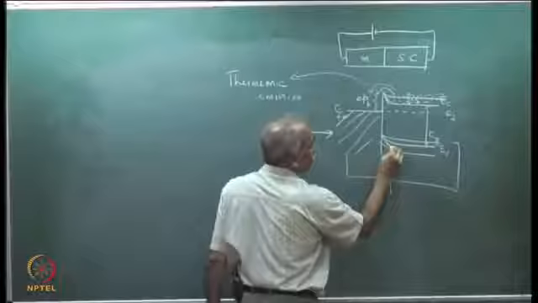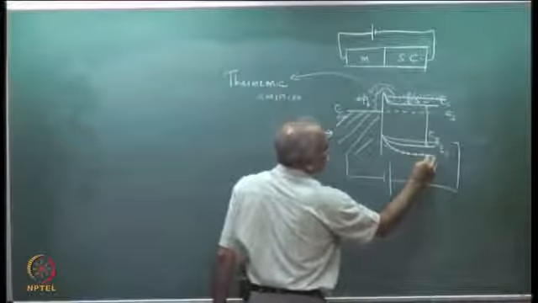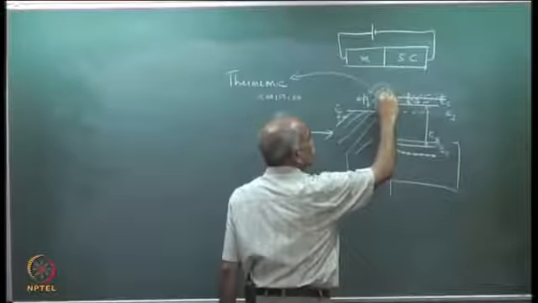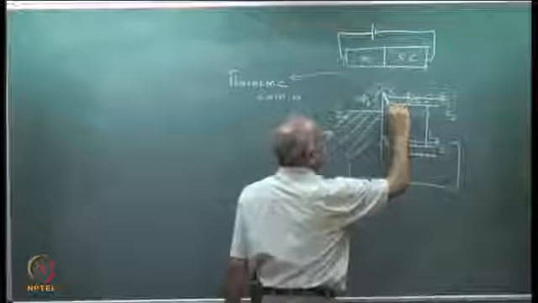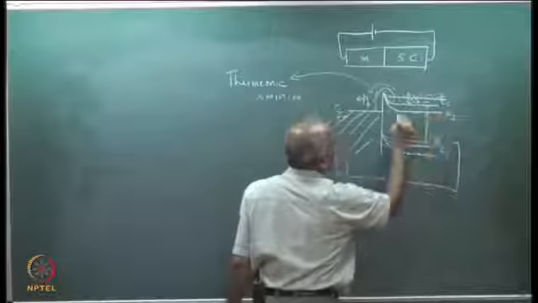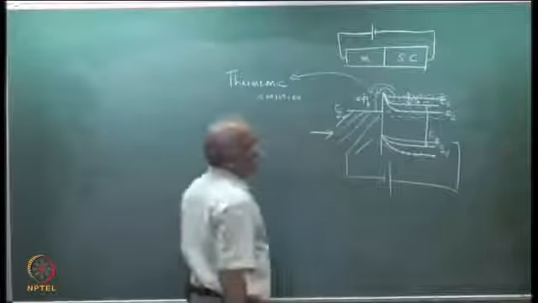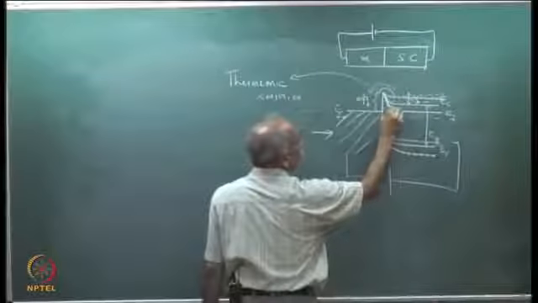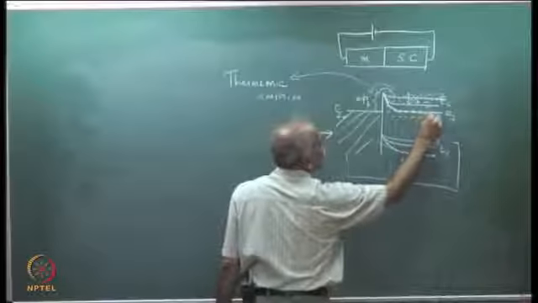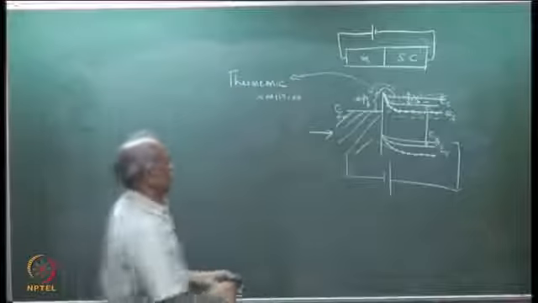Let me show these with a dotted line, just to distinguish. And similarly here, this will also come down, and the Fermi energy comes down. If you wish you could draw a separate diagram, but I want to show it in the same diagram so you can see all of them simultaneously.